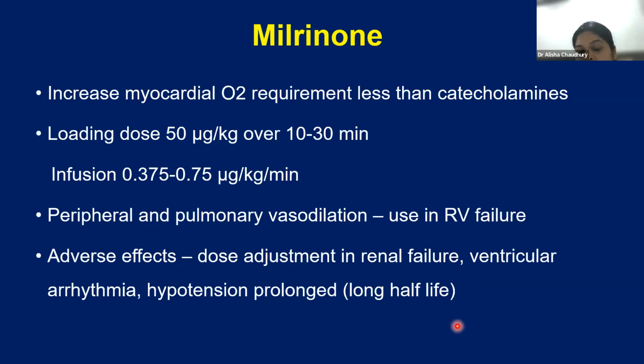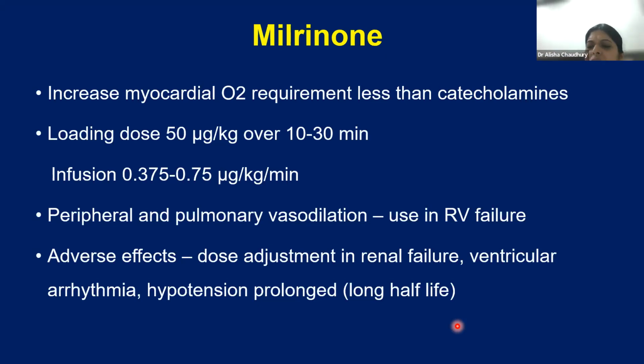That is one good thing, but the problem is that in renal failure, you need to adjust the doses. And the half-life of milrinone is quite long. So even once you stop milrinone because the patient has developed hypotension, it takes really long for its effect to wear off. So hypotension is prolonged, whereas dobutamine has a very short half-life, so its effect may be very short-lived.